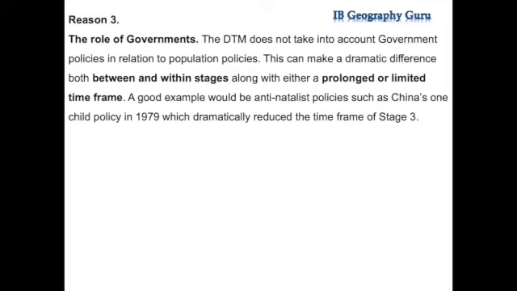A good example would be anti-natalist policies such as China's one-child policy in 1979, which dramatically reduced the time frame of stage 3. And of course, it also brought about this dramatic fall in births as well, brought about solely by the government. Now, we don't know for other countries whether governments will step in or not, but the DTM does not incorporate that as a factor.